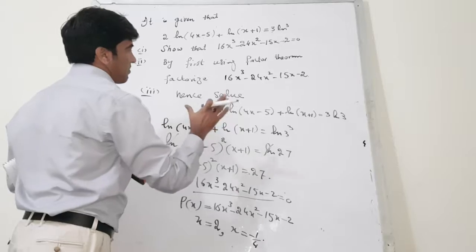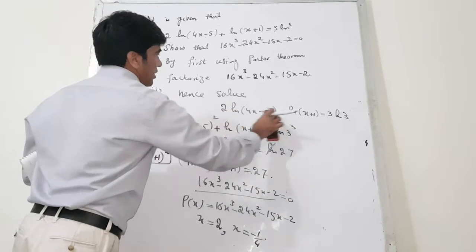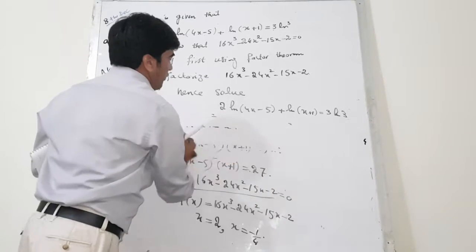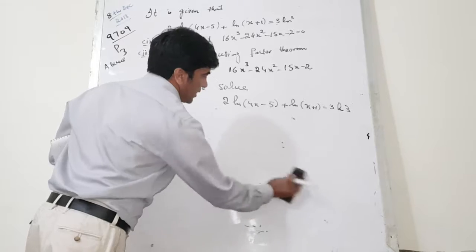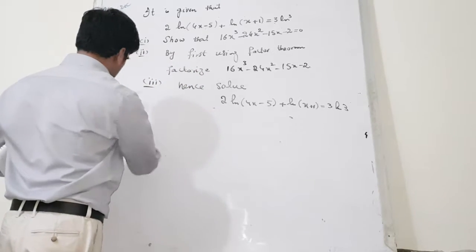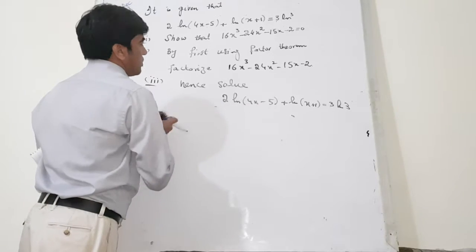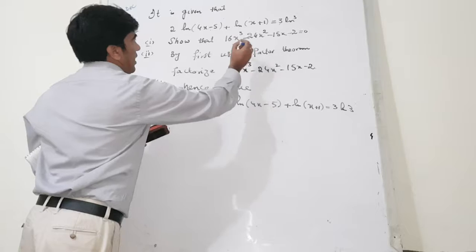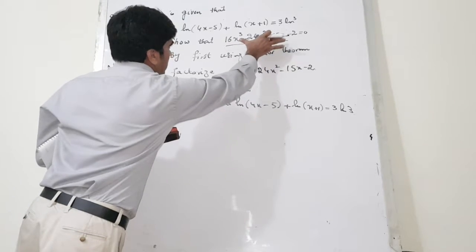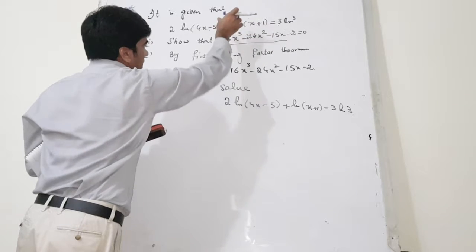Now in the next part of this question, he said solve this equation. If you look carefully, it's the same equation which is given in the top statement of the question. So no need to do all these steps again. Just write the proven part of this equation, which is already in the form of this given equation.